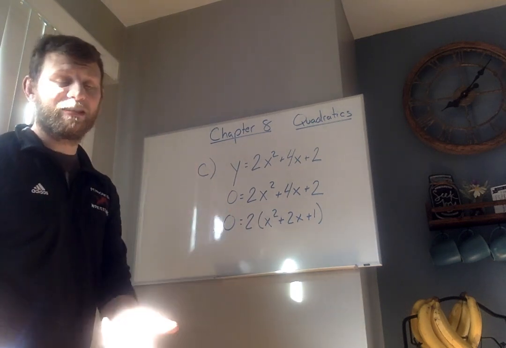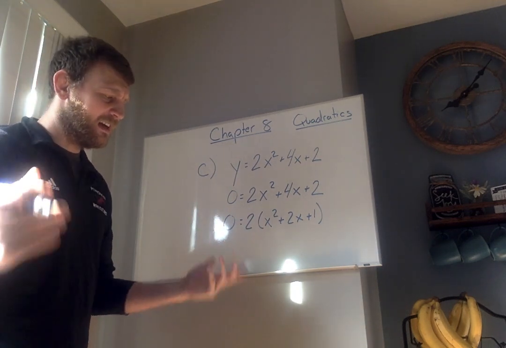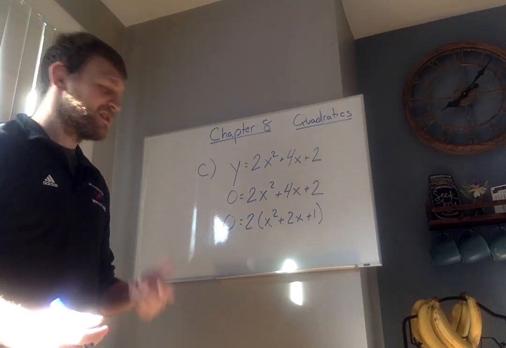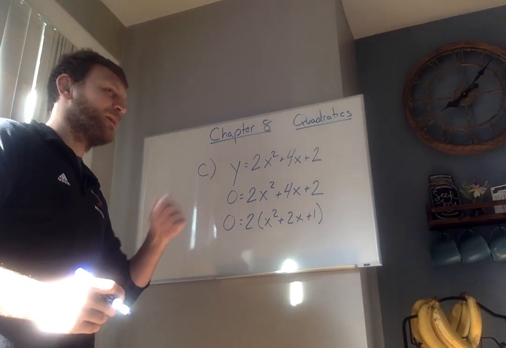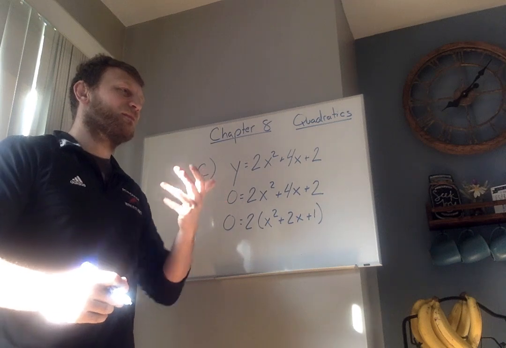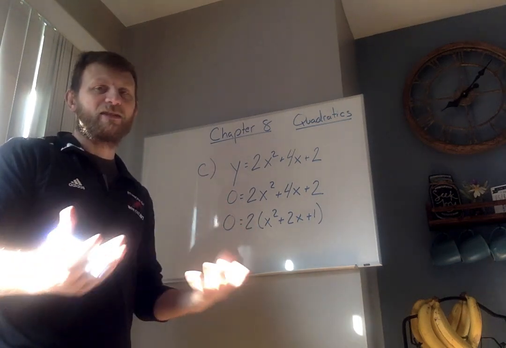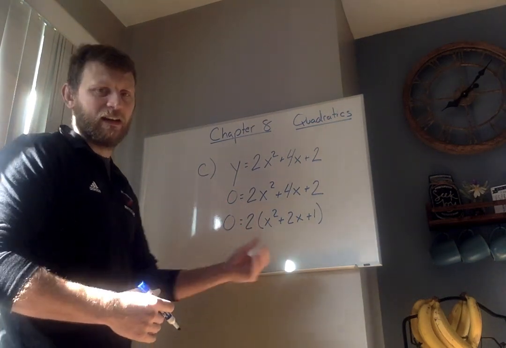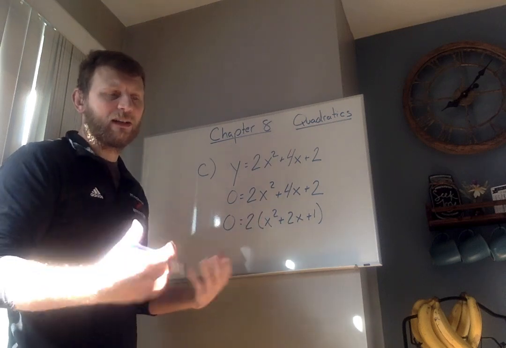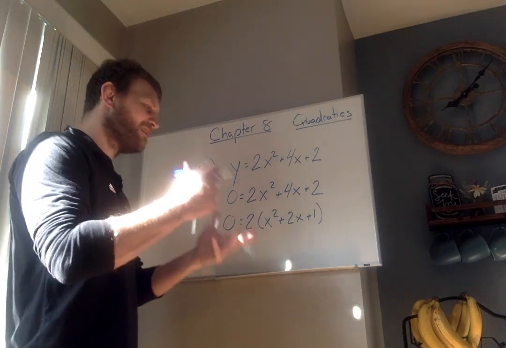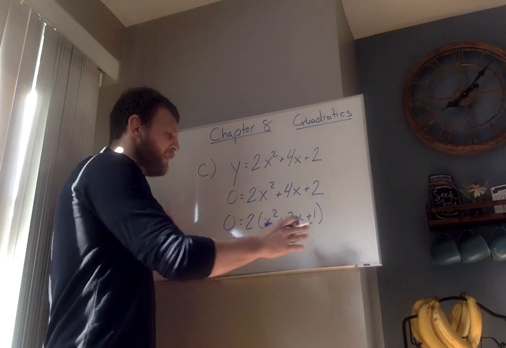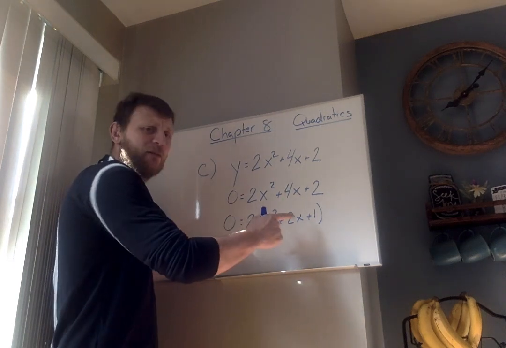Now again, you could be typing this into your graphing calculator and seeing if there are intercepts. The reason why I don't always do it that way is sometimes you might get a decimal that you don't recognize. And this way, if you can factor it, you're going to be able to figure out exactly what it is. So here, I notice that I can factor that.